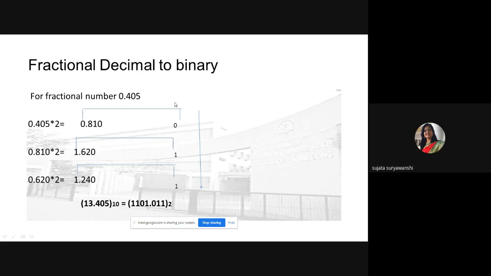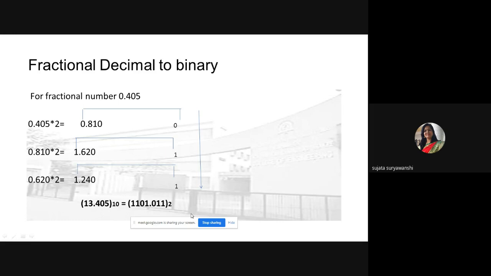And in the fractional part, you consider from up to down, not bottom to up. So for 13 it is 1101, point, and for 0.405 our answer is 011. Then write down the base of that particular number, the equivalent number is a binary number. That's why I have written 2.